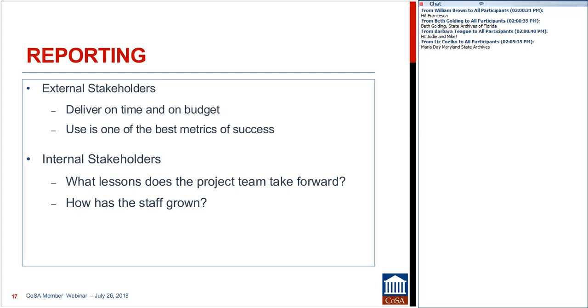And for internal stakeholders, for you and your team, it's worth saying at the end of a project, what lessons have we learned from this project?